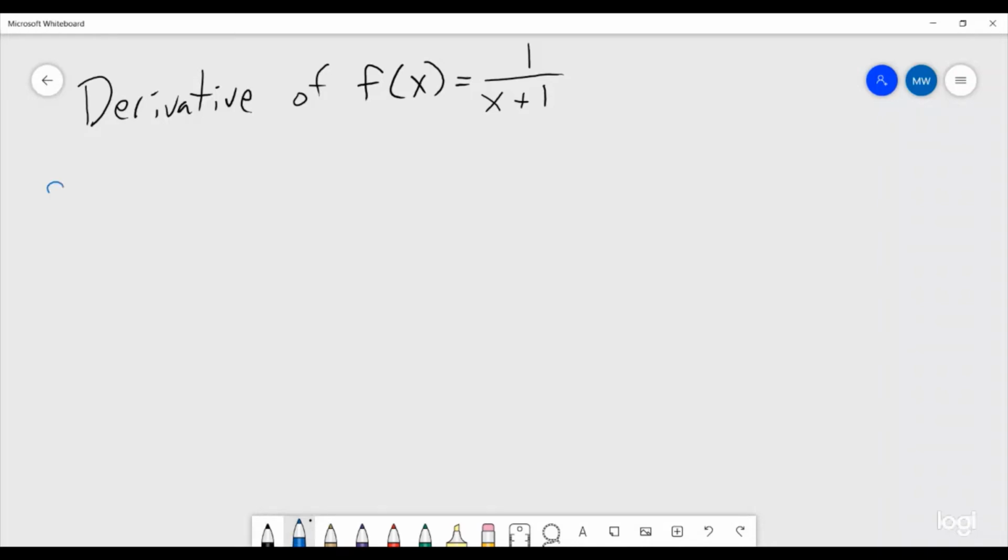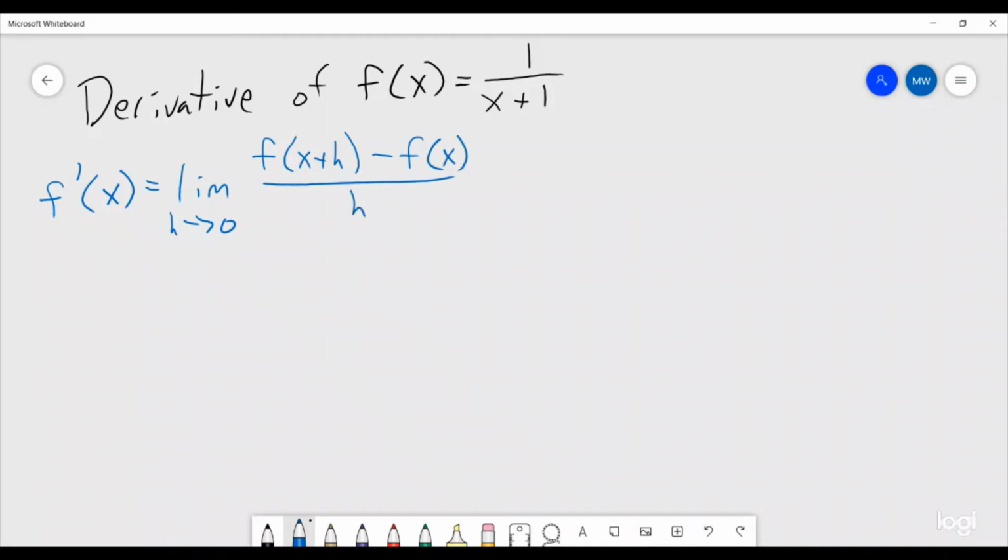So that is f prime of x is equal to the limit as h approaches 0 of f of x plus h minus f of x, all over h. So let's just plug in the different things that we have into this limit.